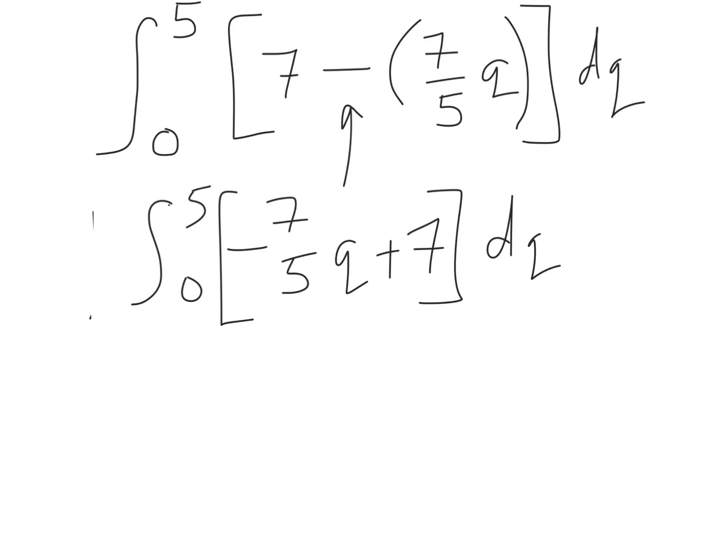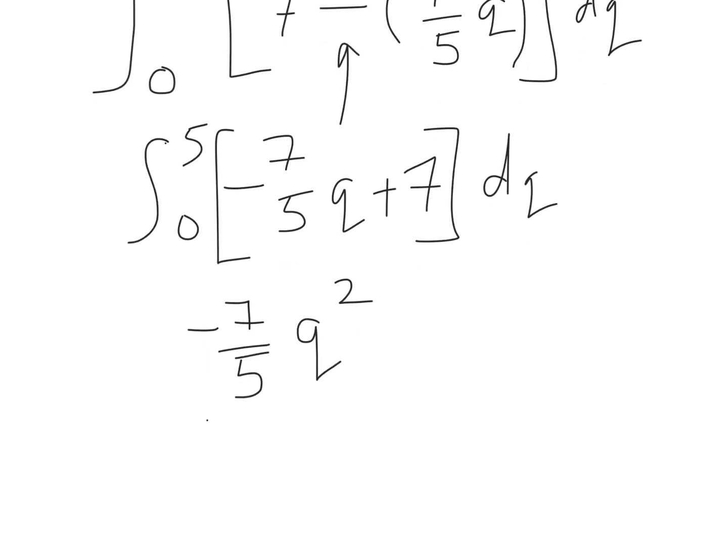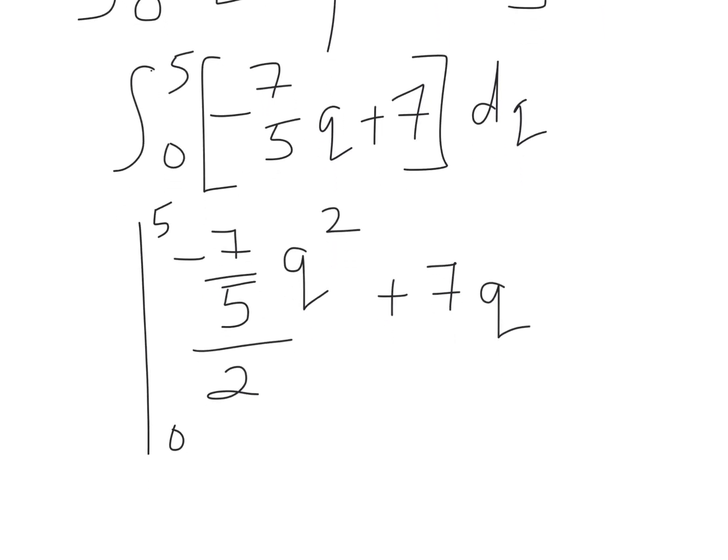Okay, so integrate, let's do it. We have minus 7/5 q squared, which means we have to divide by 2, plus 7q. And we're going to evaluate between 0 and 5.